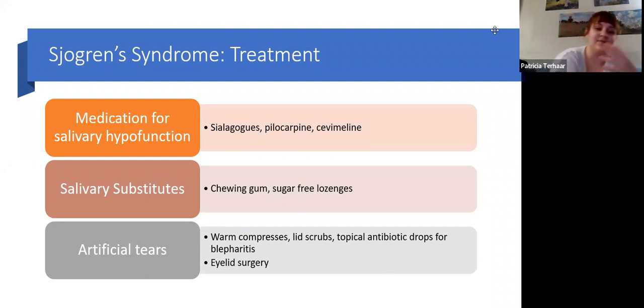For eyes, there are artificial tears, and they can also use warm compresses, lid scrubs, and topical antibiotic drops for blepharitis. It can get so bad in terms of eye dryness that they may need eyelid surgery in some cases as well.